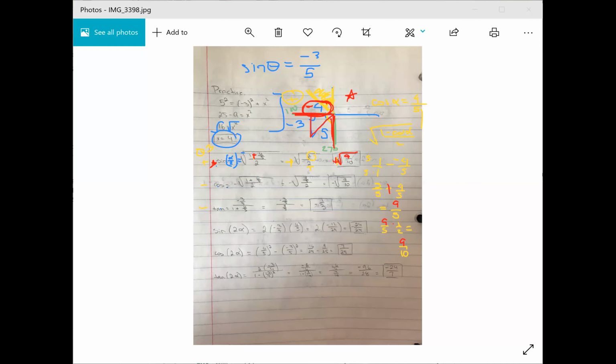So for the cosine, it's exactly the same thing. All you're going to want to do is, again, just plug it in. So for this part, since cosine is negative, we have negative 4/5, because cosine of alpha is equal to negative 4/5. So you're going to plug that in. So that's going to be 1 plus negative 4/5 over 2.